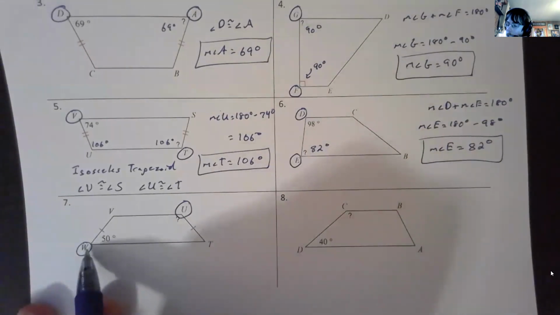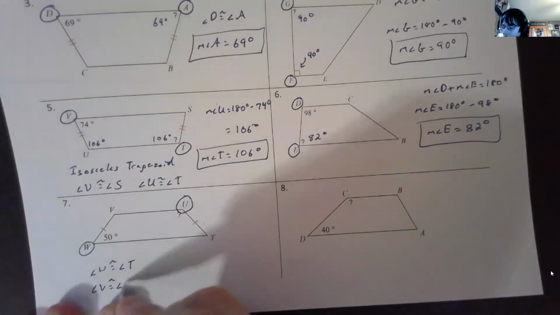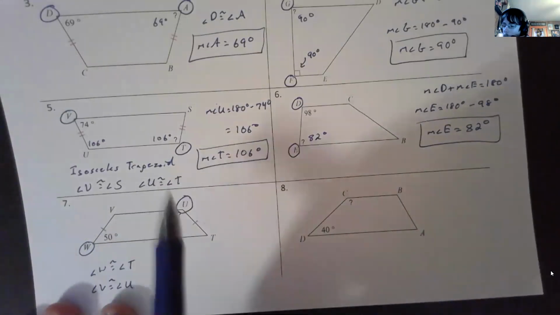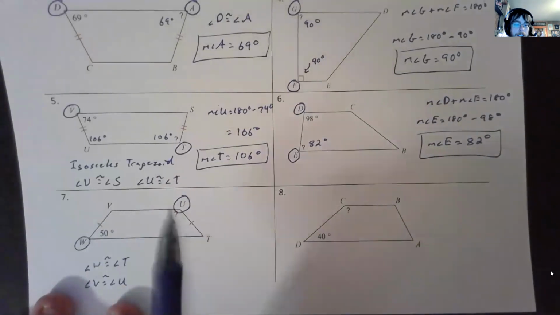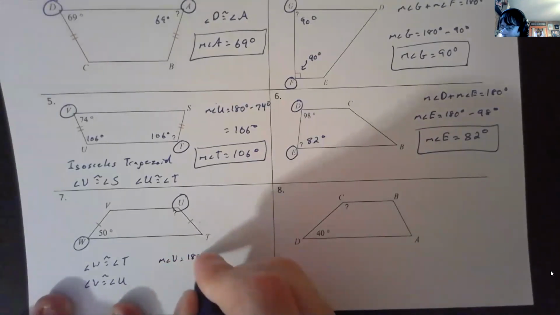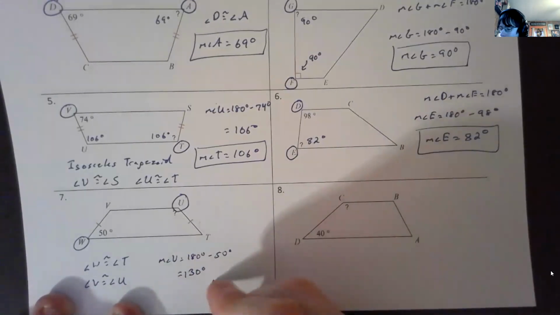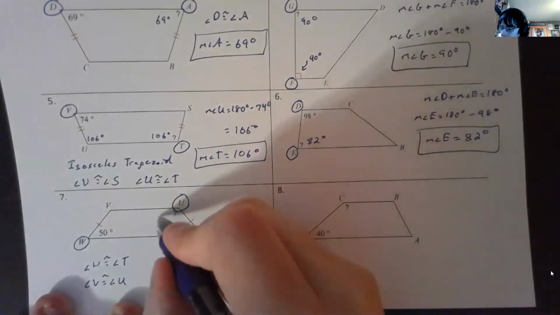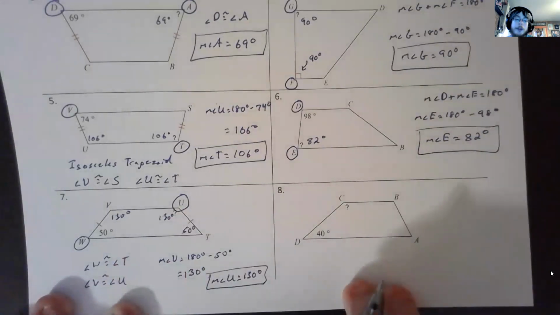We know that angle W is congruent to angle T and angle V is congruent to angle U. So just like before, I'm going to find angle V first, and that will give me angle U because V is congruent to U. Angle V has to equal 180 minus 50 degrees, which is 130 degrees. So the measure of angle U must also be 130 degrees. And if you're wondering, T would be 50 degrees.